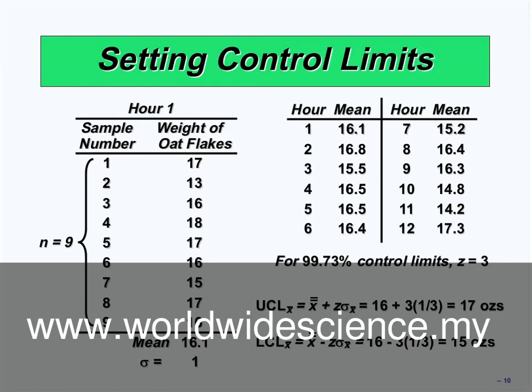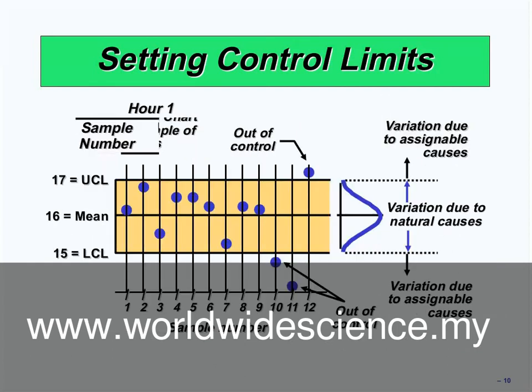When we calculate UCL and LCL, all of the means calculated in each sample should be located within this limitation. For example, in sample 1 it was 16.5, in sample 2 it was 16.8, in sample 3 it was 15.5, and in sample 4 the mean was 16.5.